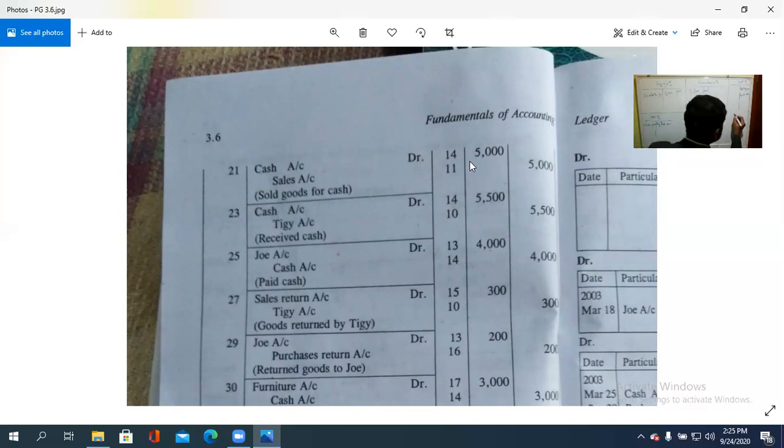One more account, sales returns. Sales returns account debtor to TG, how much is it? 300 is returned back. So TG's account, what is that? By sales returns 300. Then Joey account debtor to purchase returns.